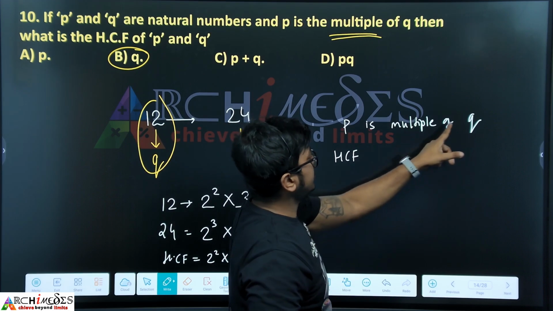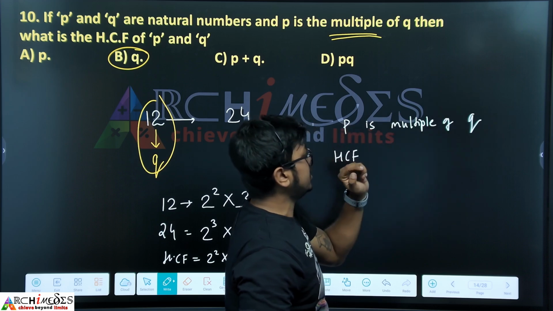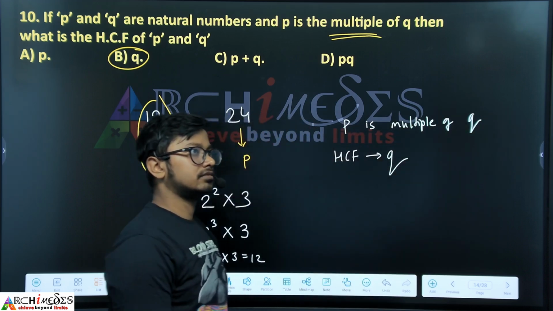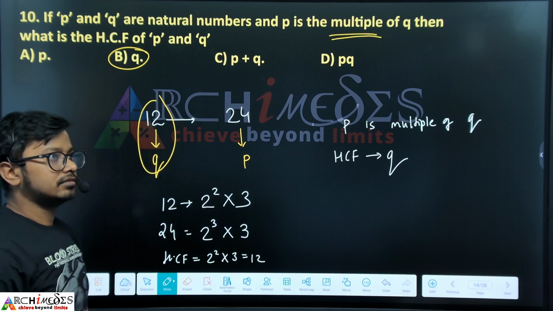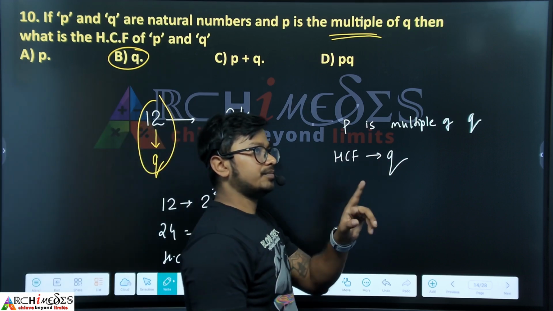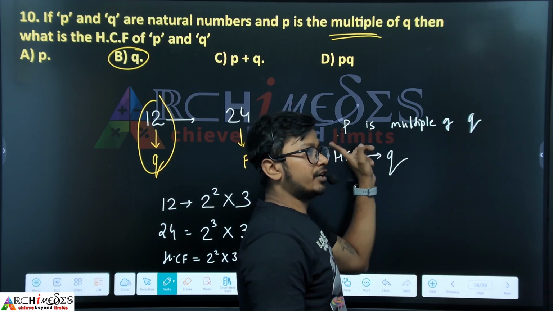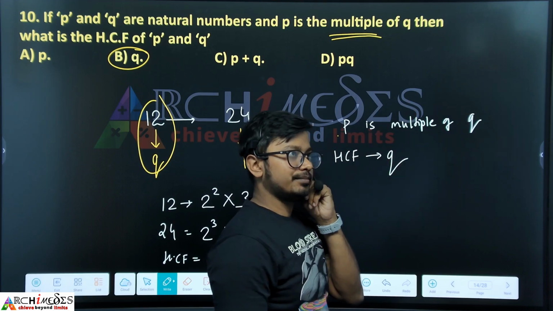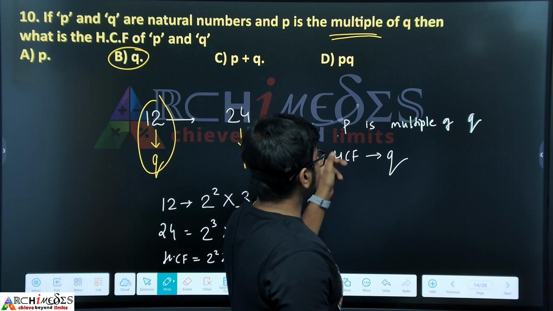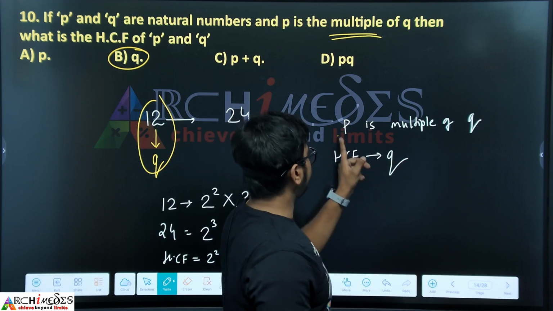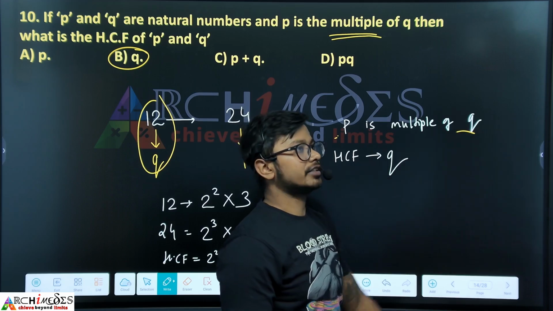Now tell me, is this number smaller or is the multiple smaller? Definitely the number is smaller. Tricks. Is it understood? Say it again: P is a multiple of Q. Compare both of these, you have to find the HCF. Think, what will the HCF be? Bigger or smaller? Smaller. Is the multiple smaller or the number smaller?